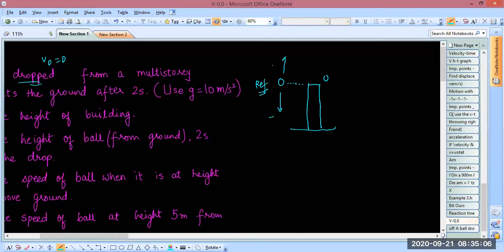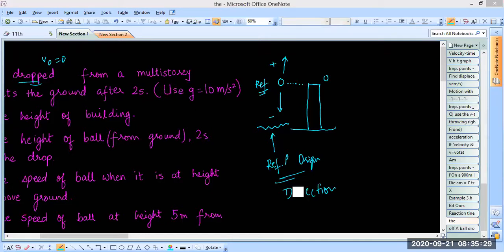You should also specify this direction in your diagram. That helps, right? It will not help me, it will help you. Then you have less chances of making a mistake.